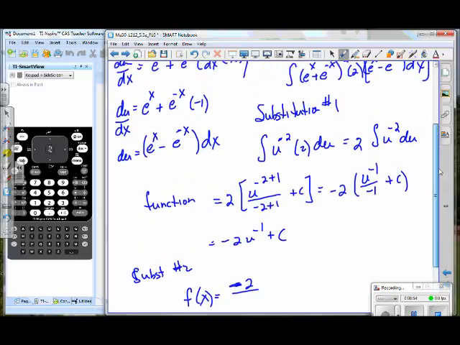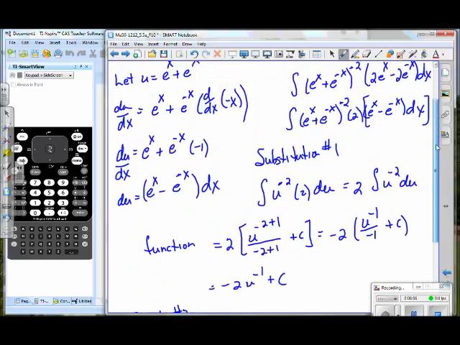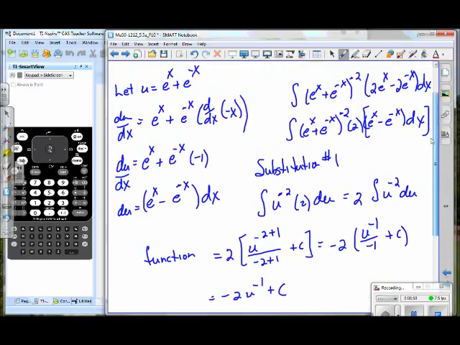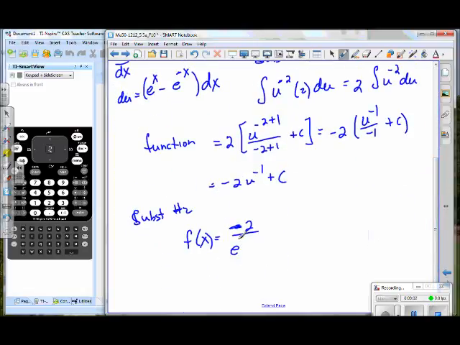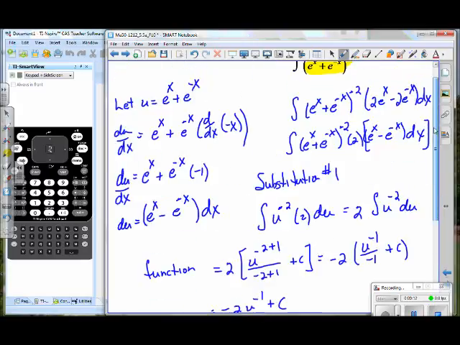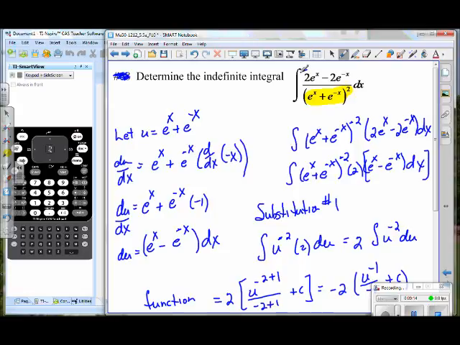Now let's see, u was e to the x plus e to the opposite of x. So this would be -2 divided by e to the x plus e to the opposite of x, plus c. Again, we can check this by taking the derivative of this, and we should get right back then to this quantity because this is our derivative.